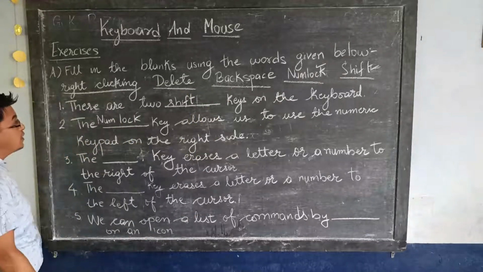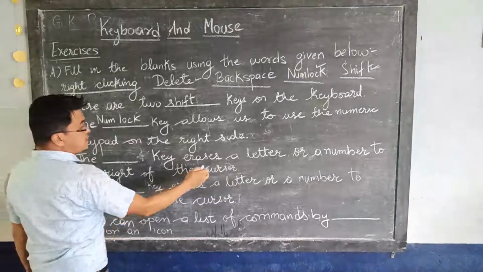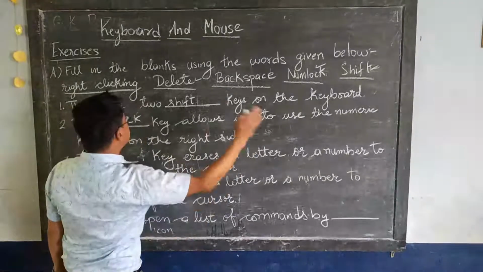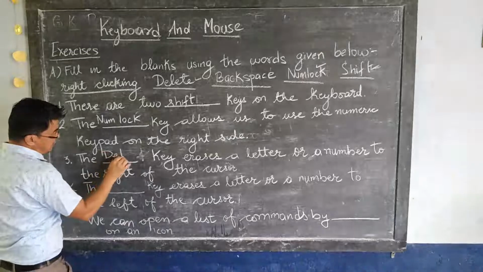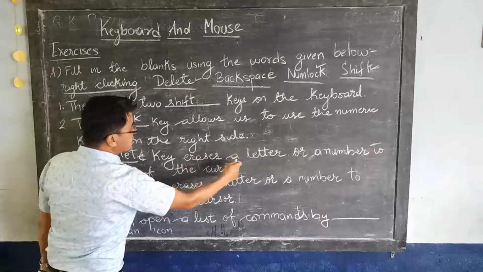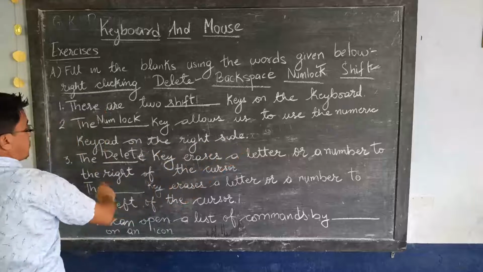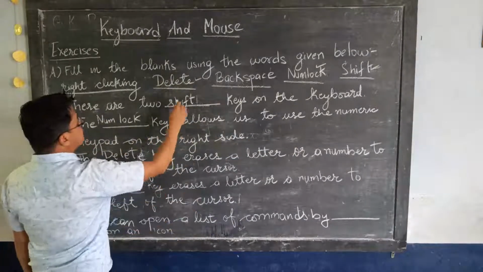It is delete key. D-E-L-E-T-E, delete key erases a letter or a number to the right of the cursor. This is my right hand, this is the right side. Now we finish with delete key also.